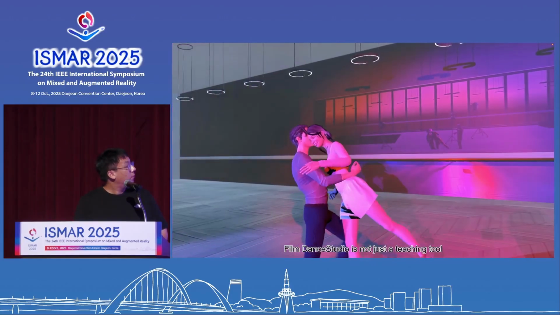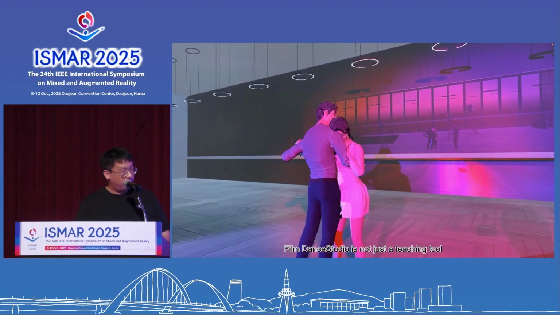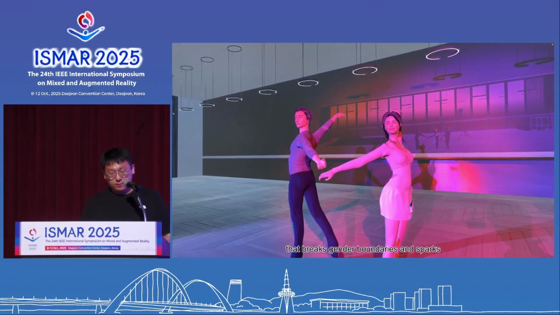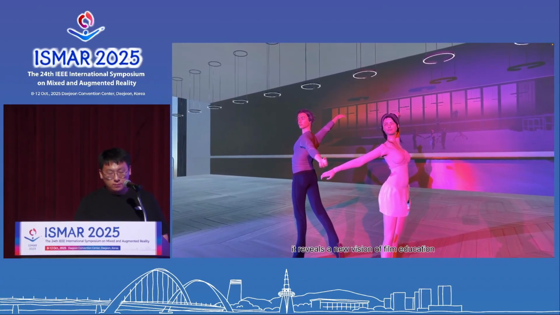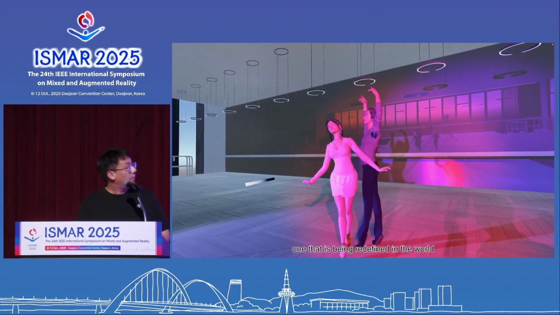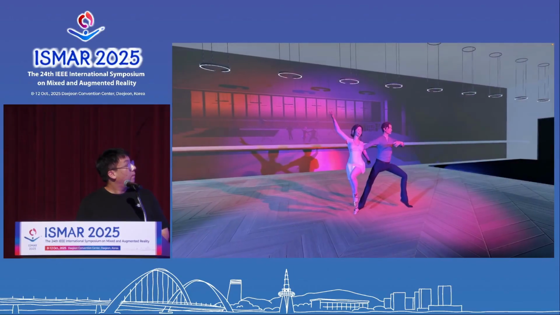Film Dance Studio is not just a teaching tool, it is a virtual platform that breaks gender boundaries and sparks creative expression. It reveals a new vision of film education, one that is being redefined in the world of virtual reality.